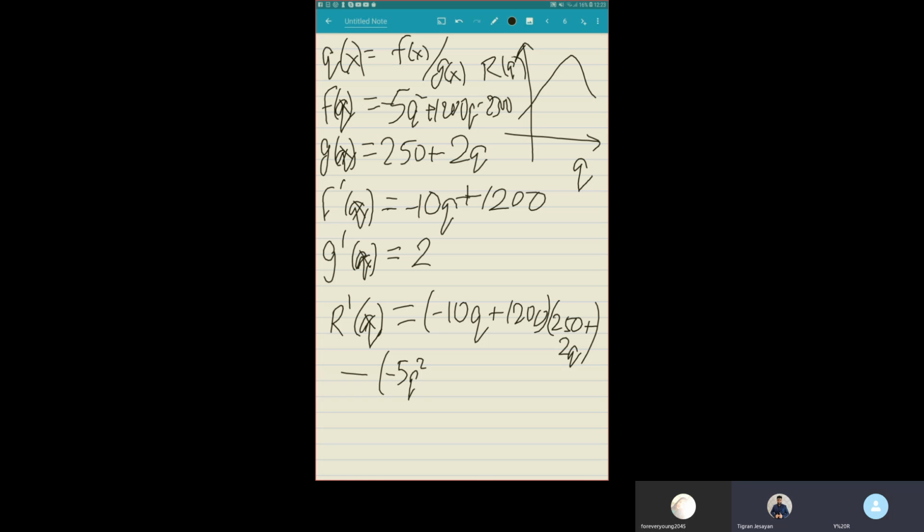That becomes 10x times 250, which is 2,500x. Sorry, 2000. Can you repeat that again? I'm not following you actually. I cannot see what you are writing there. I multiplied the 10x by the 250.